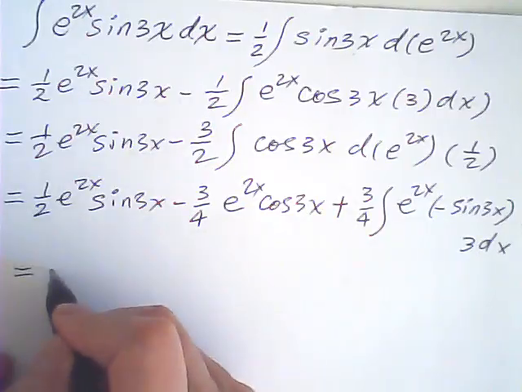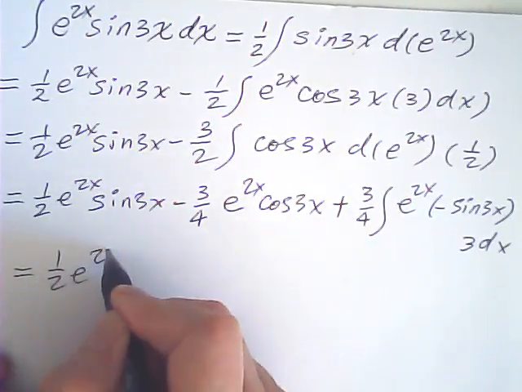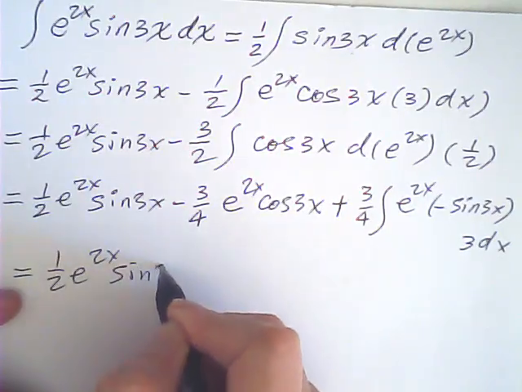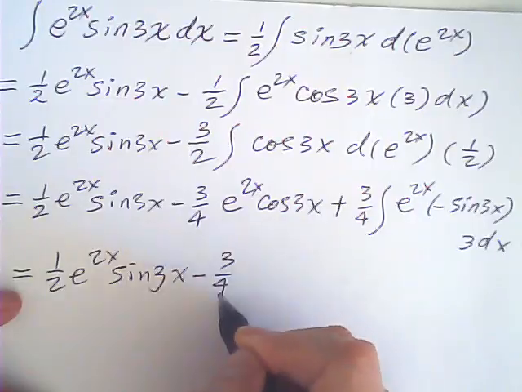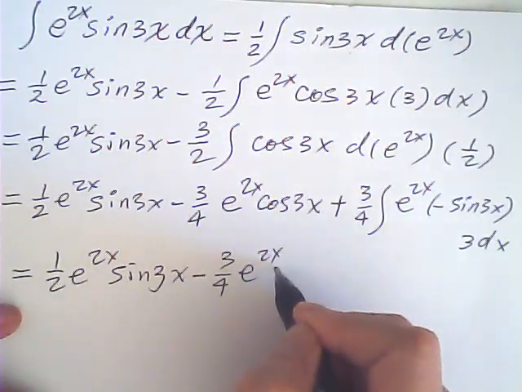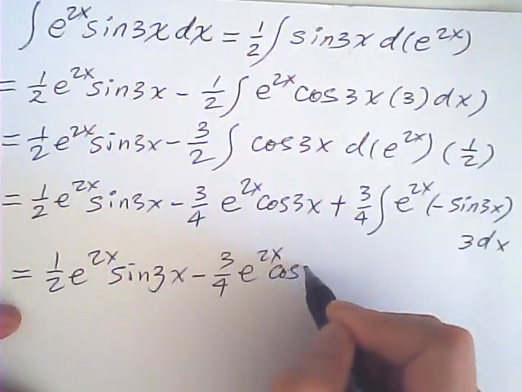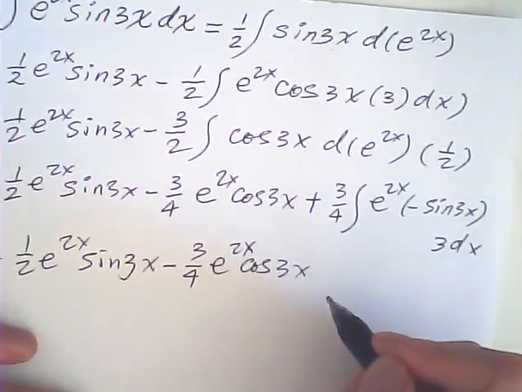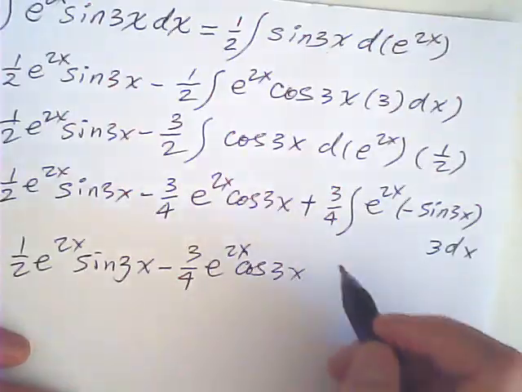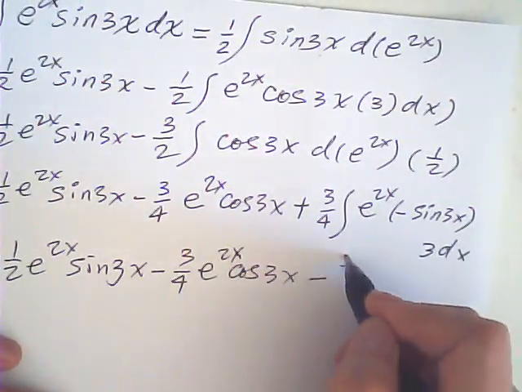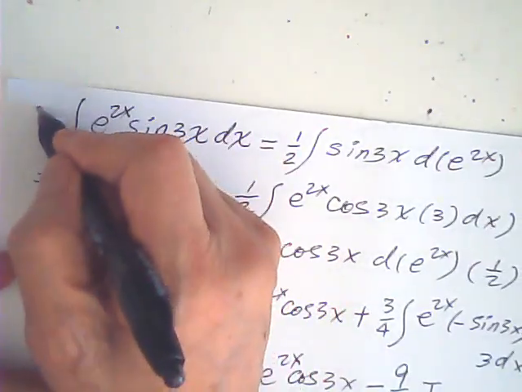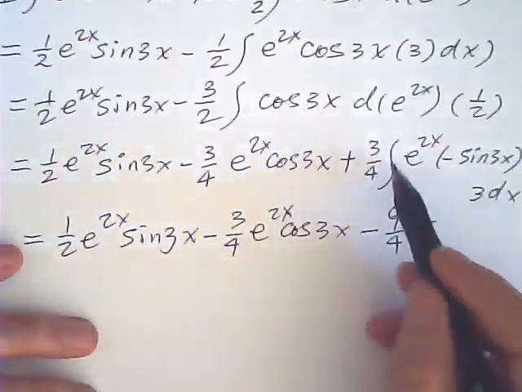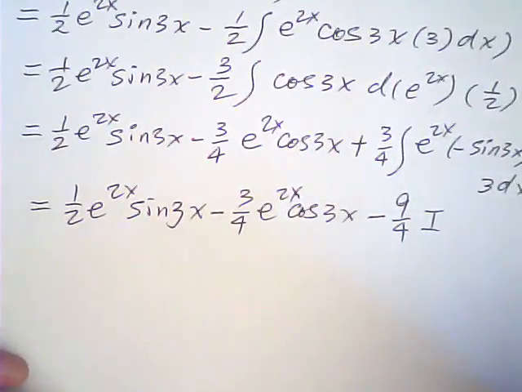So this one is equal to 1/2 e to the 2x sine 3x minus 3/4 e to the 2x cosine 3x, this will be negative 9/4 I, right? This is the original I. This is my original integral.